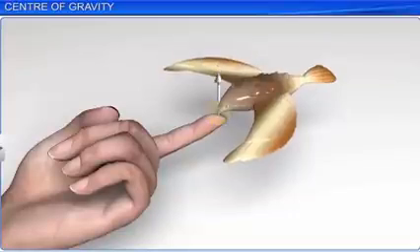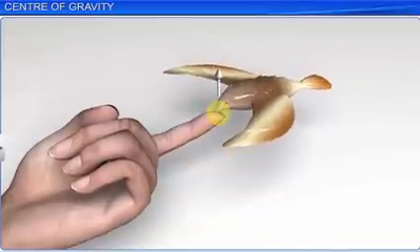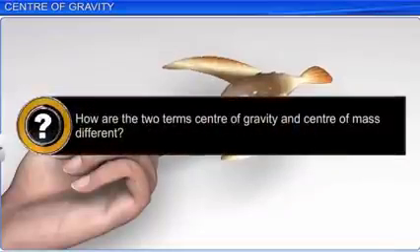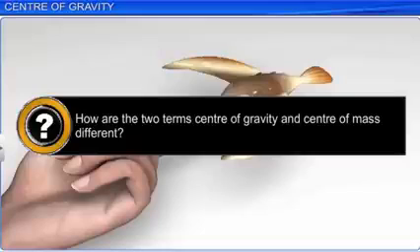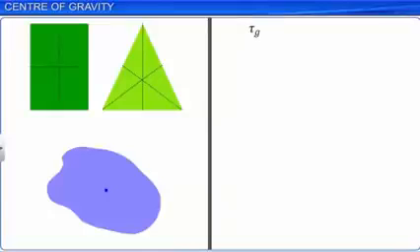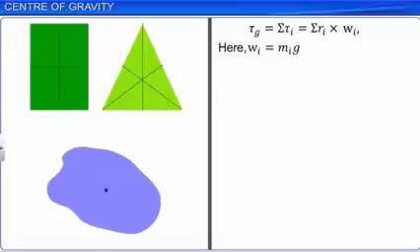How are the two terms, center of gravity and center of mass, different? In the equation, tau g is equal to sigma tau i, which is equal to sigma Ri cross Wi. Wi is the weight of the ith particle and is equal to mi into g. Then, tau g is equal to sigma Ri cross mi g, if g is same for all particles.